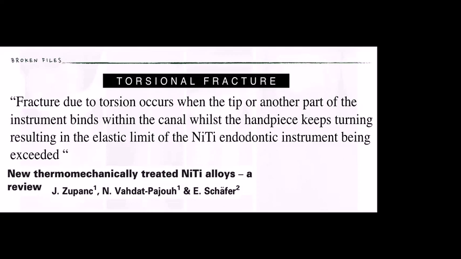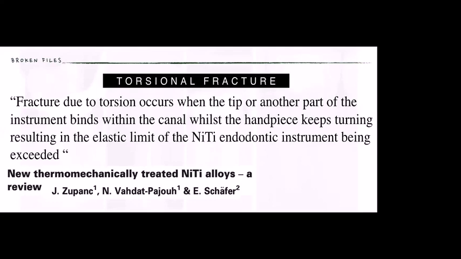So, what is fracture due to torsion? Fracture due to torsion occurs when the tip or another part of the instrument binds within the canal, while the handpiece keeps turning, resulting in the elastic limit of the NiTi endodontic instrument being exceeded.